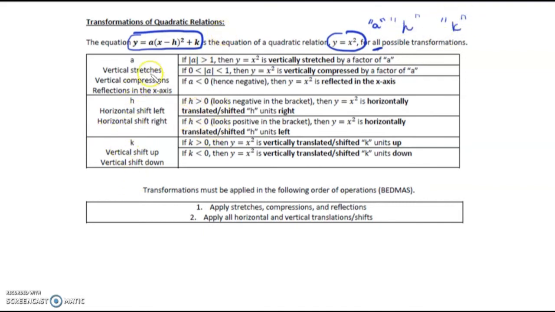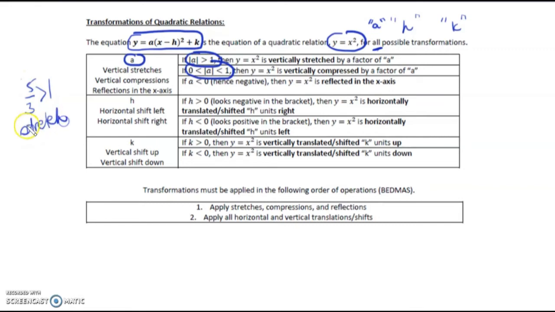Okay, so let's actually go through this. When we're talking about the a value, this is either going to be a vertical stretch by a factor of a, and this is when this number is greater than 1, or it can be a compression, which is a decimal. I don't want to say fraction like 5/3, because this is still greater than 1, this would still be a stretch.